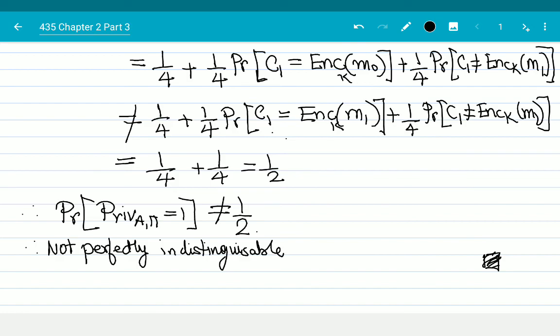Because I started with something not perfectly secure, and I have shown that it is not perfectly indistinguishable. So combined with the other direction which I have not proved, we have together shown that perfectly indistinguishable implies perfectly secure. Okay, let us do an example.